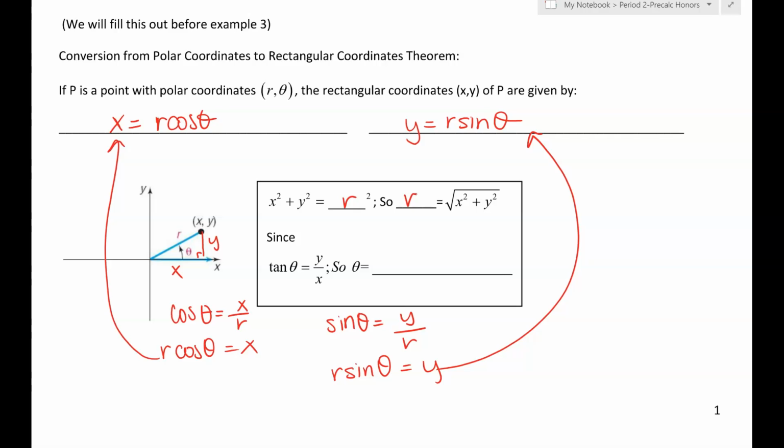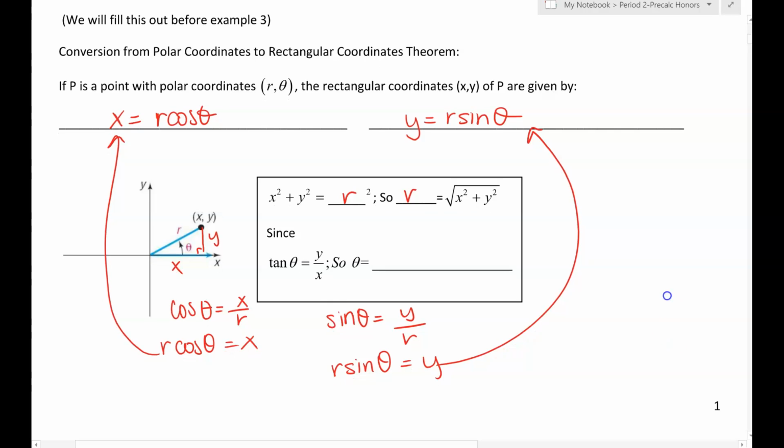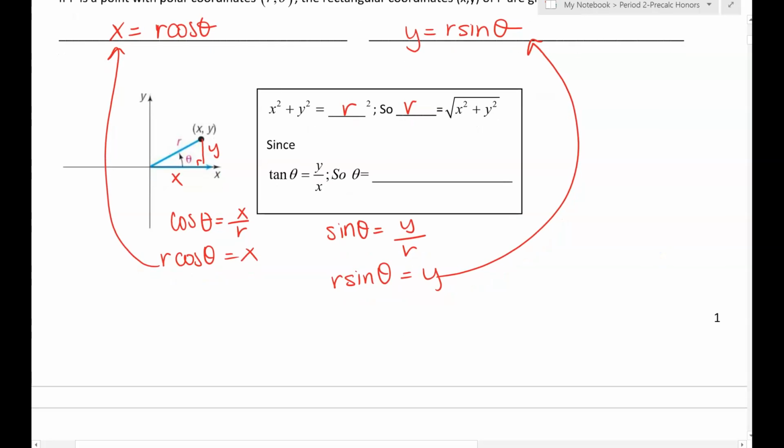So tangent, from what we studied in Algebra 2 trig, is always opposite over adjacent, or y over x. To figure out theta, which we'll use later when we go back to polar, theta is tangent inverse of y divided by x in quadrant number 1.